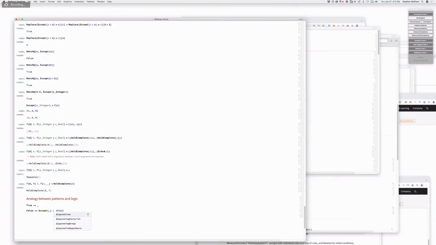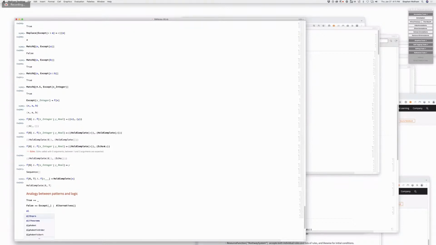Wait, this is a De Morgan's law thing. Where you're saying that if empty Alternatives matches nothing, then the empty And has to match everything or something. But I'm not sure what the And would be. So your claim is this will match nothing.